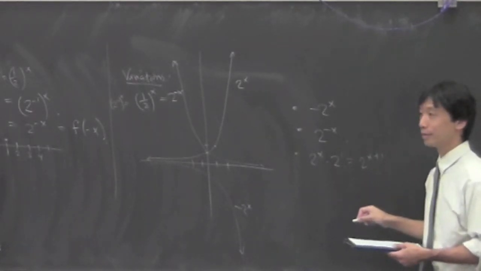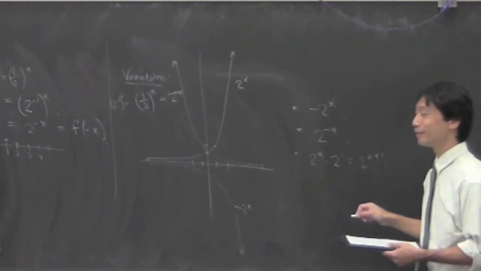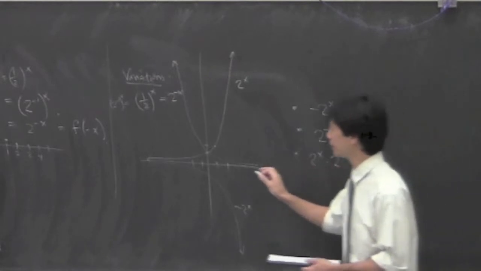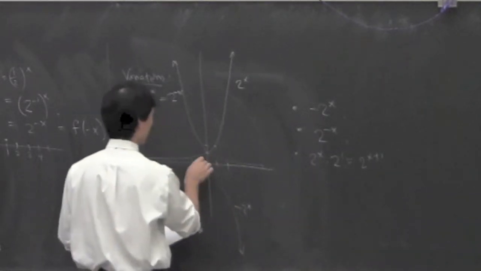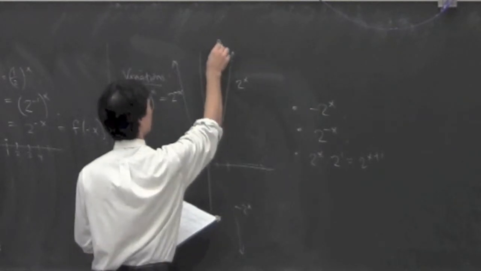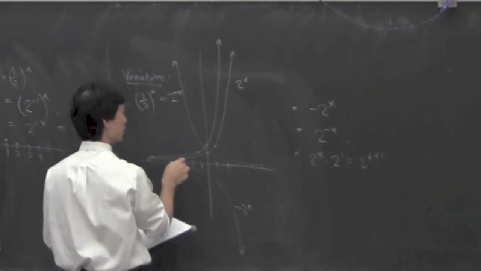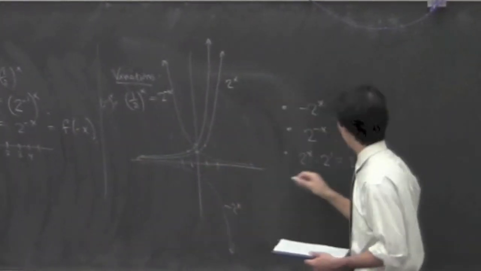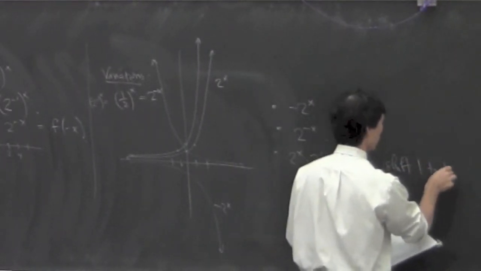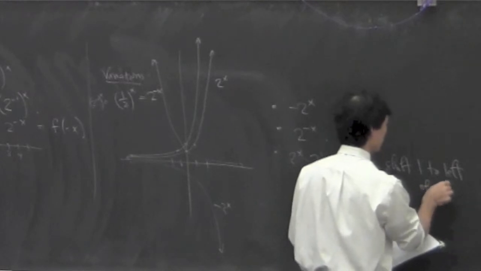Exactly. And then you will shift it by 1. Perfect. So it's the shift of this guy 1 to the left. So it's 2 to the x plus 1.